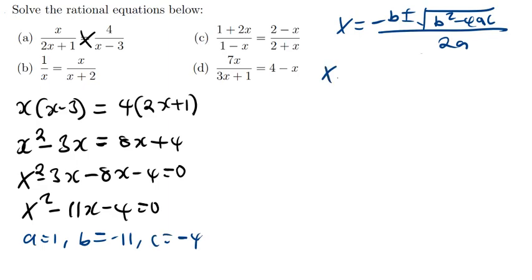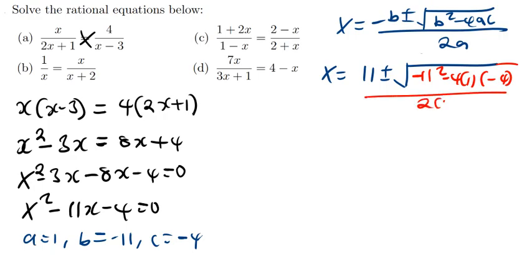So x will be equal to negative 11 times that negative that is on b, that is going to give me plus. Now we have negative 11 squared minus 4, a is 1, c is negative 4. So we divide this by 2 times 1.